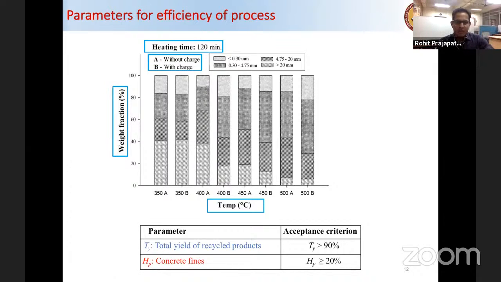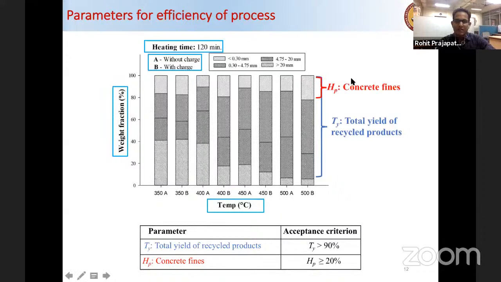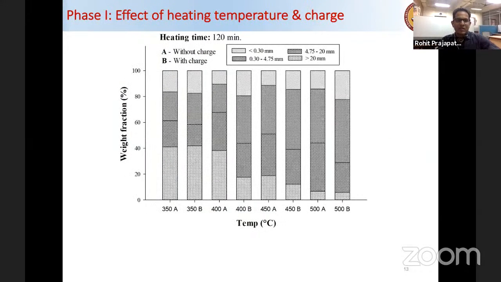So if you want to calculate the total yield of recycled product, you have to get the sum of these three: the concrete fines, fine aggregate, coarse aggregate. And another parameter for assessing the efficiency of the process is the amount of concrete fines. If you are able to generate more and more concrete fines, that means you are cleaning both fine and coarse aggregate.